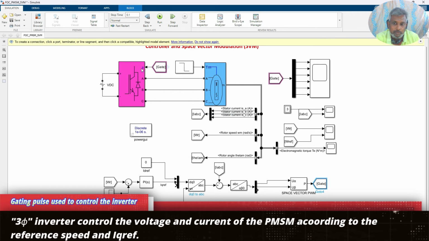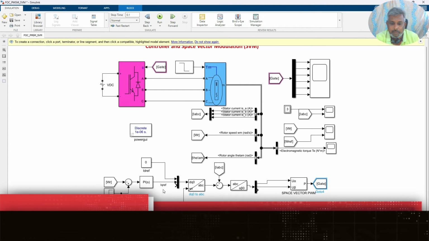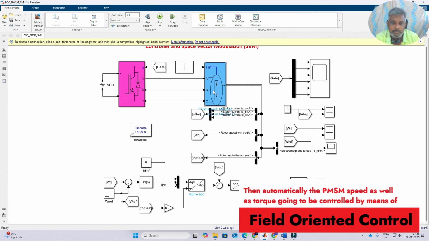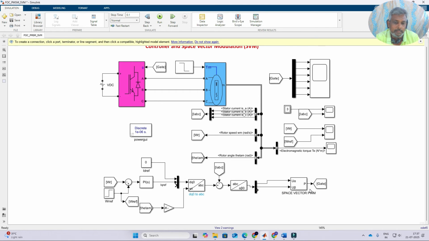This controls the voltage and current of the PMSM according to the reference speed and IQ reference, so the PMSM speed as well as torque is controlled by means of FOC, field oriented control, with the PI controller and space vector PWM.